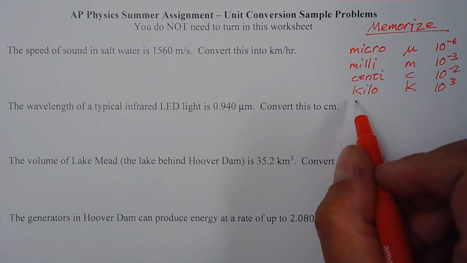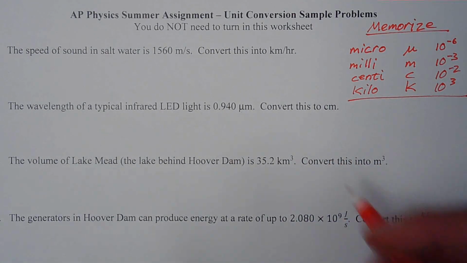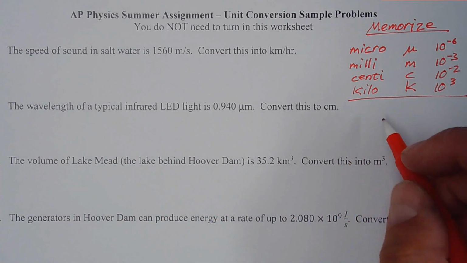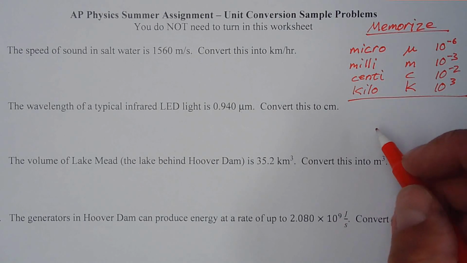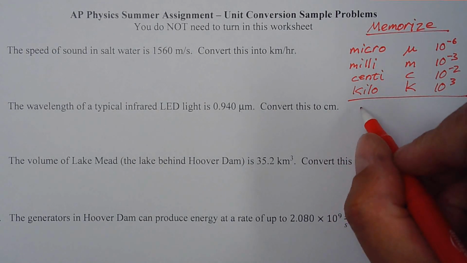Also be aware that something you will really need to know for physics is the conversions between time, which are not based on powers of 10. They're based on multiples of 60.